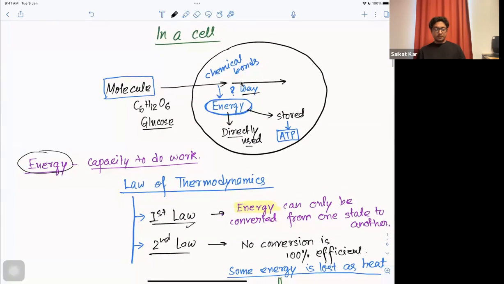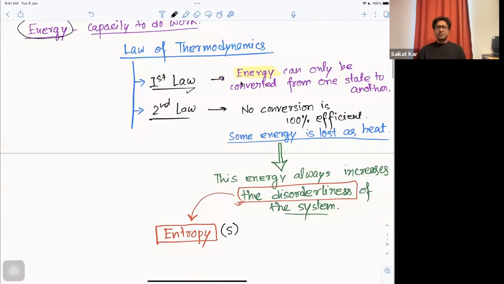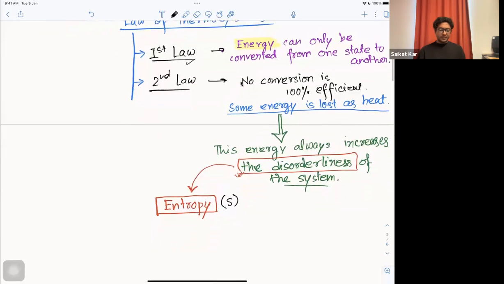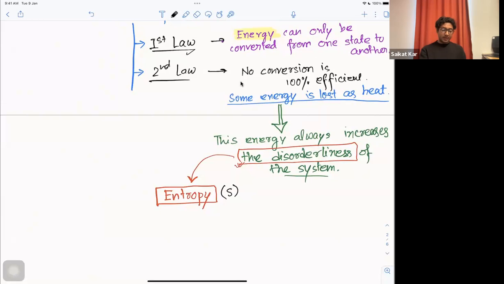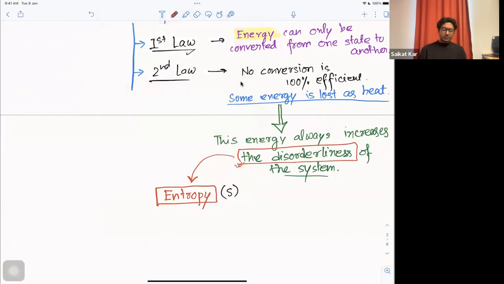But before going to the function, how a cell works or how a physiological system works, we need to understand a little bit of basics, like why this concept of energy or entropy is necessary. So entropy of a system always increases.